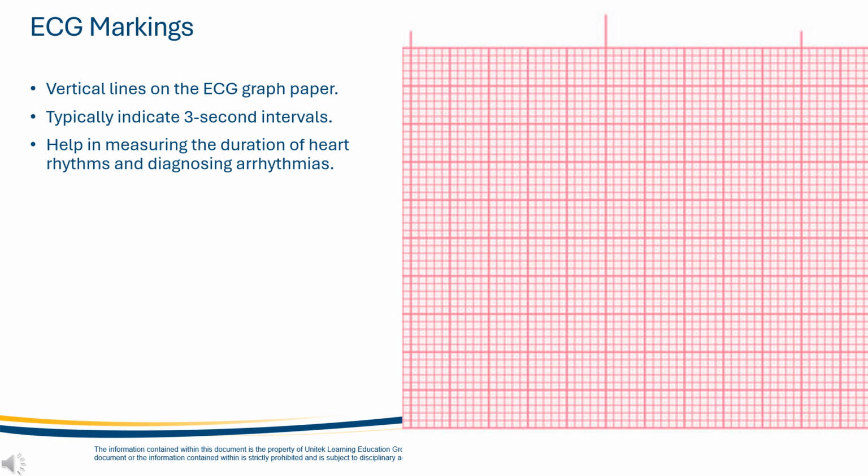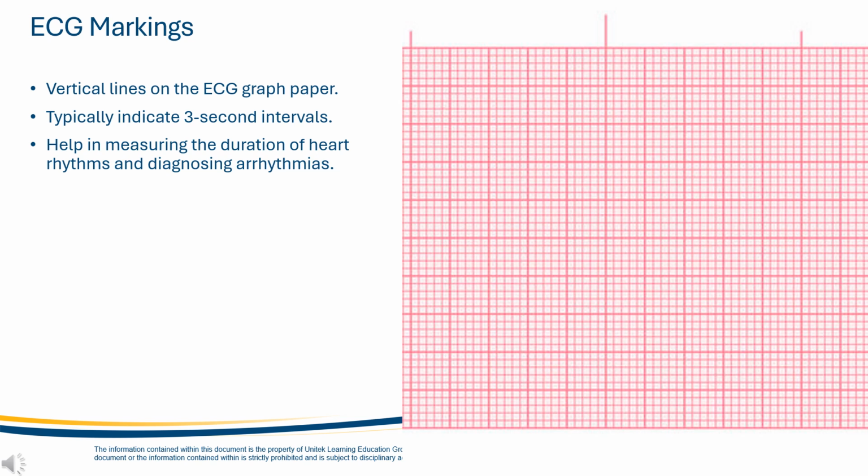One of the critical uses of ECG markings is to measure heart rate accurately. By counting the number of QRS complexes within a 6-second strip, now that's 2 of the 3-second intervals, and then multiplying that by 10, we can quickly estimate heart rate. For example, if there are 8 QRS complexes in 6 seconds, the heart rate is approximately 80 beats per minute.